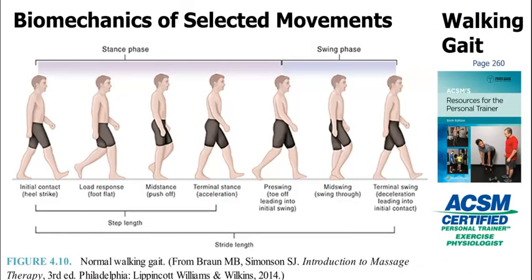Another example in the book is a basic movement like walking gait. We have the different stages of the stance leg and the stride leg. So we need to identify the stance phase and the swing phase for a walking gait.